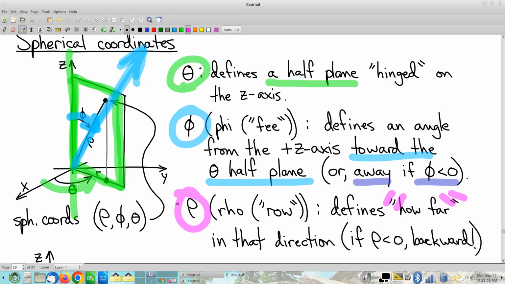So rho tells you, whoops, what's going on here? Why is my stylus not working? Hello, stylus. Okay, that's disturbing. My finger works, but the stylus, I'm sorry. I just charged this thing. I don't know why the stylus is all of a sudden not working. So I guess I'll use my backup stylus.